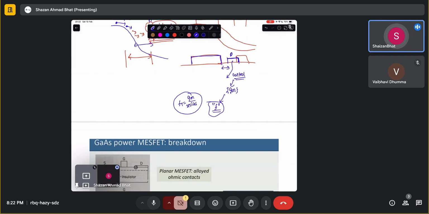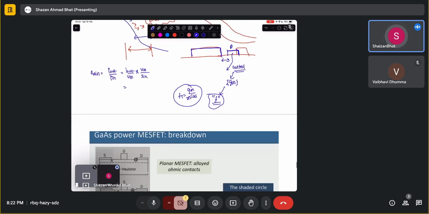And how it arises: if you have I out divided by I in, which is the current gain, you can write it as I out over V in, times V in over I in.